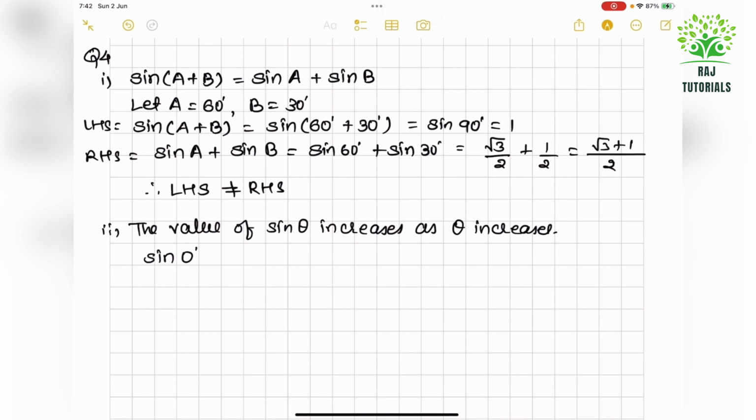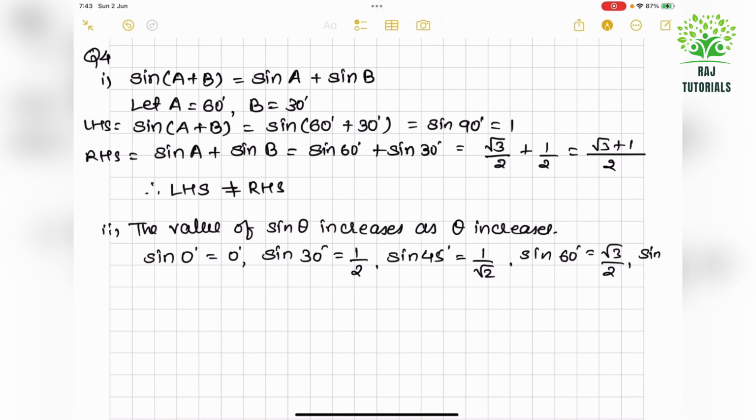So here we know that sin 0 degree is 0, sin 30 degree is 1 by 2, sin 45 degree equal to 1 by root 2, sin 60 degree equal to root 3 by 2, and sin 90 degree equal to 1.